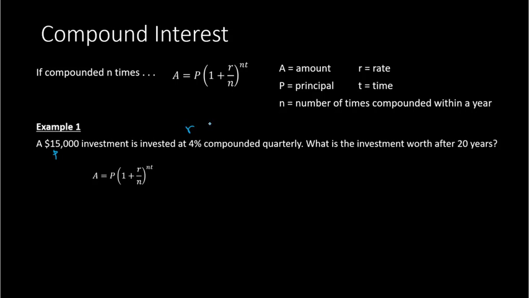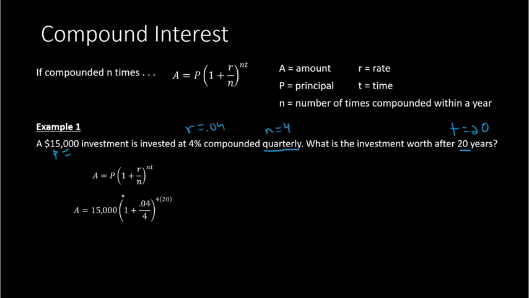Compounded quarterly means it's compounded 4 times in a year. So n would equal 4. So r is 0.04, n is 4, the principal is 15,000, and then the time would be 20 years.